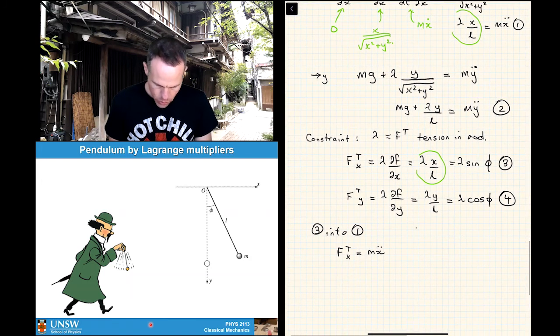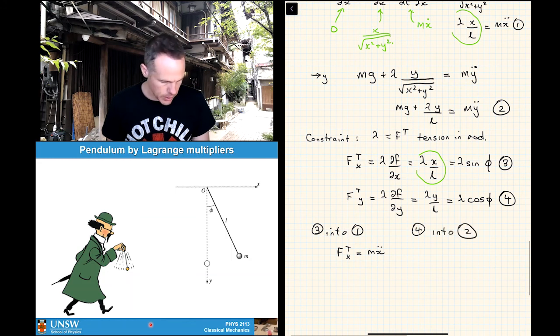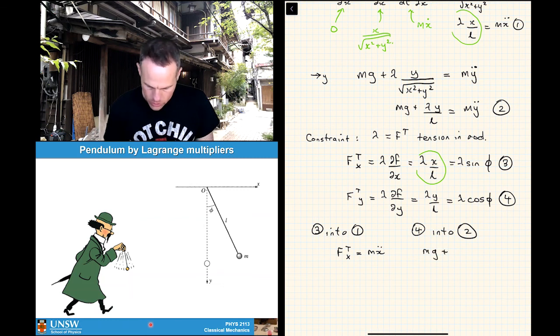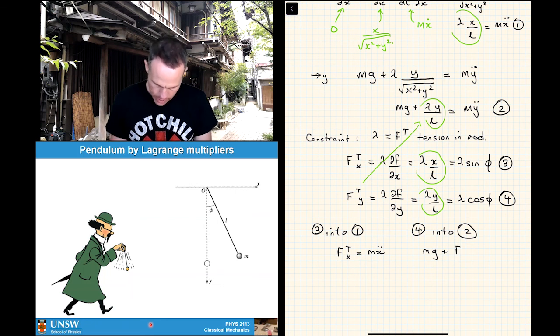We can also put what we know from 4 into 2, and this will give us something a little bit more sensible. What we've got is mg plus, and again here we're going to go that this thing here is this thing here, so we can basically put F_T of y into there. So this is F_T y is m y double dot.